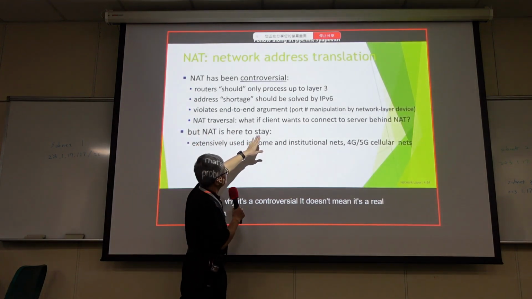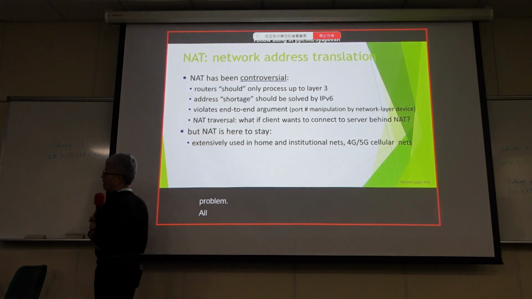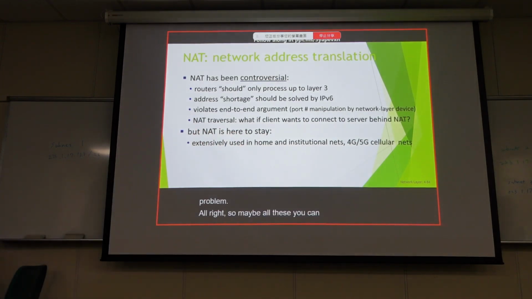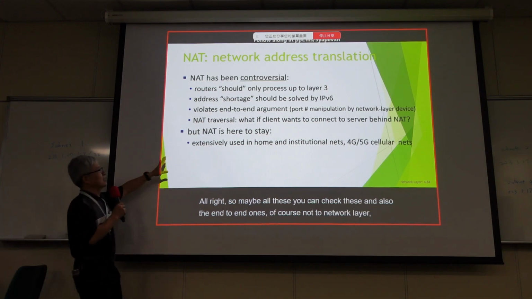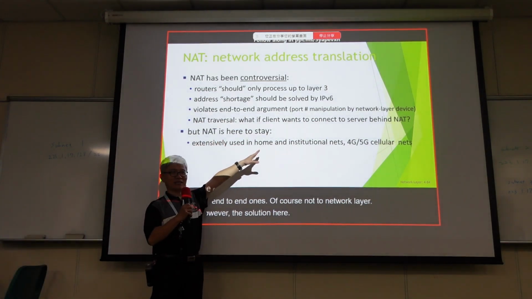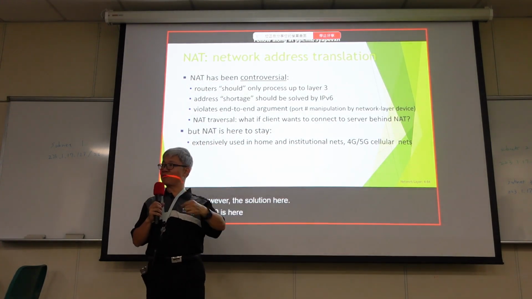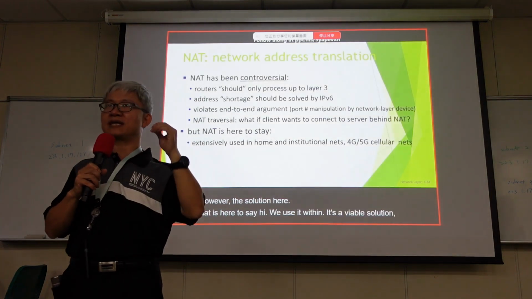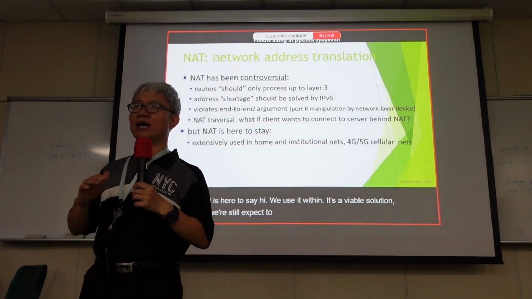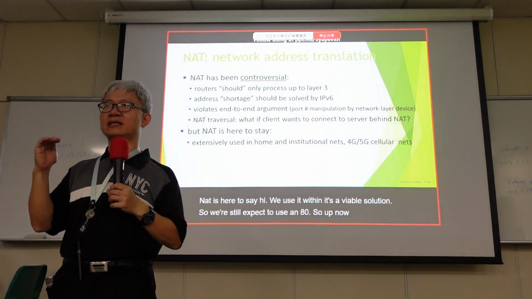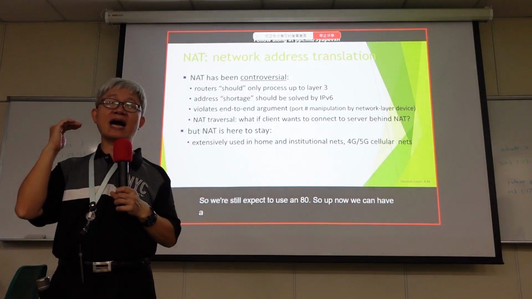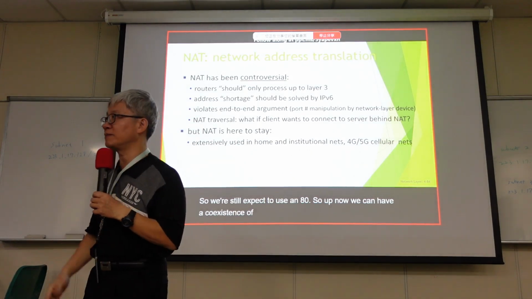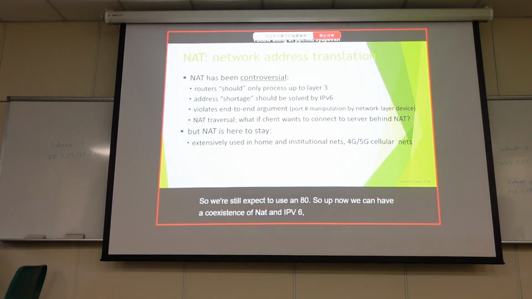Alright, maybe you can check all of these, and also the end-to-end argument, since NAT goes beyond the network layer. However, finally, NAT is here to stay. Why? We use it, we think it's a viable solution, so we still expect to use NAT. Up to now, NAT and IPv6 can coexist, no problem. Alright, so this is NAT.